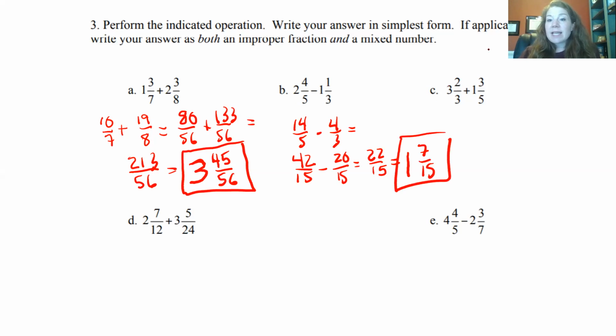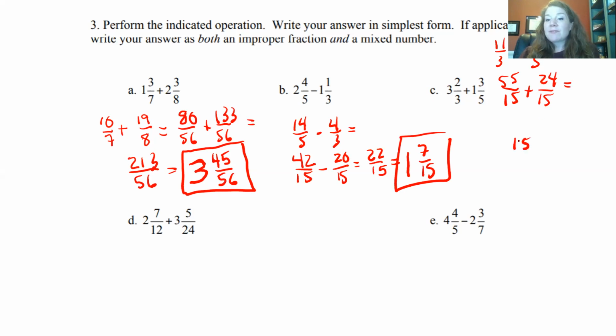Letter C, we have 11/3 plus 8/5. Our least common multiple is 15. 3 times 5 is 15, so 5 times 11 is 55. 5 times 3 is 15, so 8 times 3 is 24.